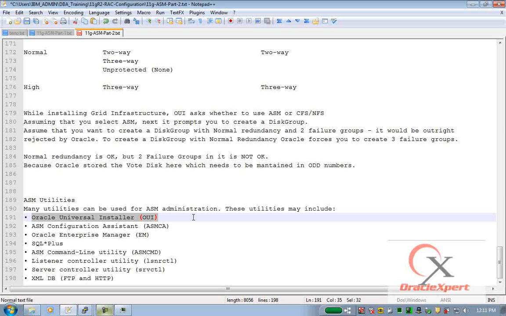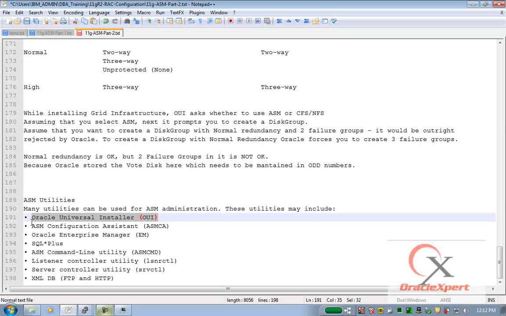You said yes. It asks you the database. Then it asks you shared file system or ASM. The moment you said ASM, on the next screen it shows you the name of the disk group. So your OUI actually connects to the ASM instance if it is running and displays the disk group. So OUI acts as a client for ASM.